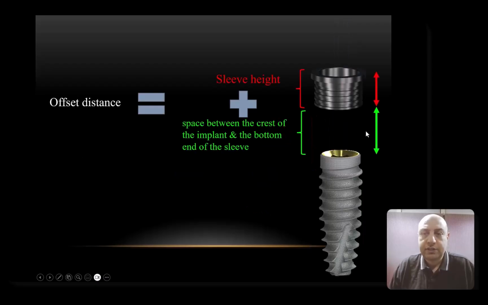To calculate the offset, here is the distance between the top of the implant, as we said, and the top of the sleeve. The distance in between the sleeve and the implant is called the clearance distance. This distance is supposed to not touch the gingiva. If it touches the gingiva, you will have a premature contact and the guide will not seat. So it's important to have a clearance distance to be sure that there is no sleeve collision.